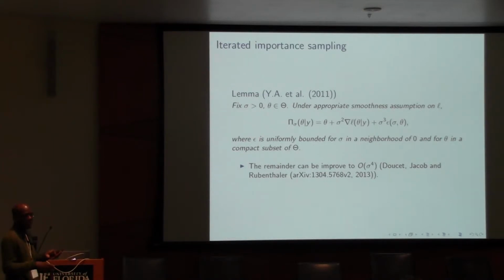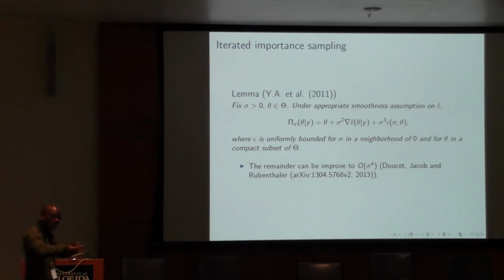All I'm saying is that at theta, if I look at this made-up posterior distribution, take its mean and compare it to the prior mean, the second term is the gradient of the log likelihood at theta.